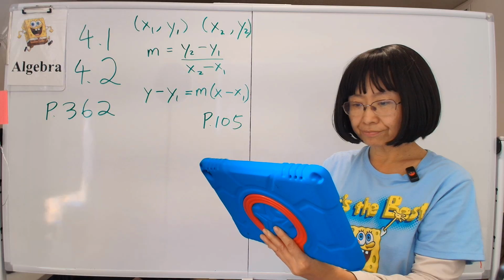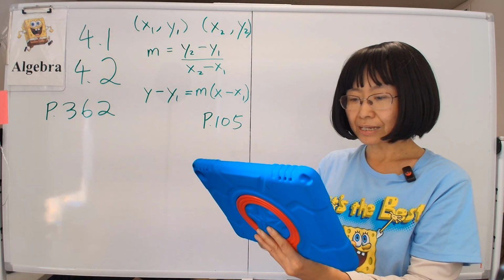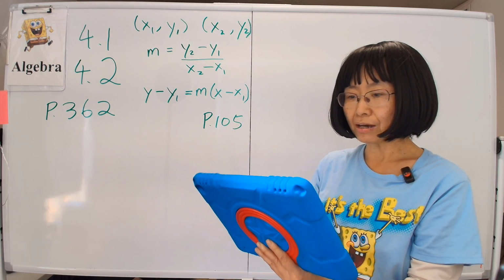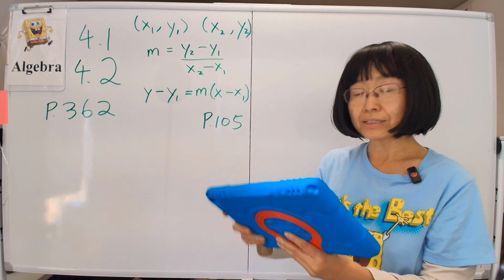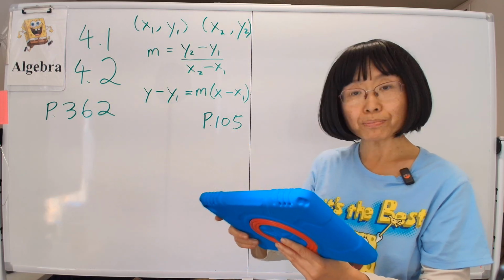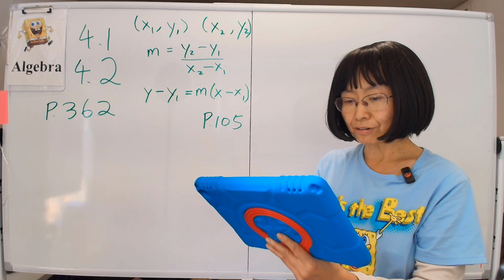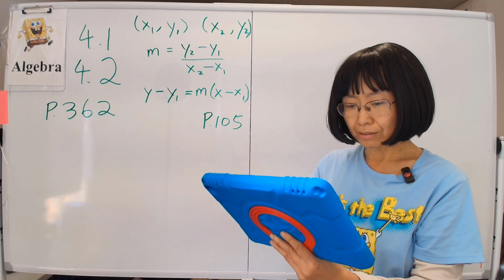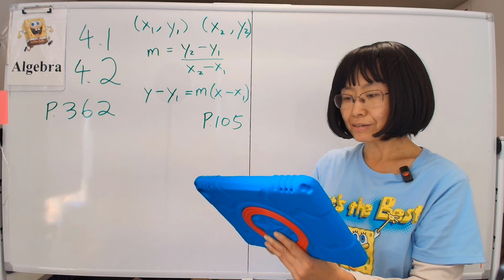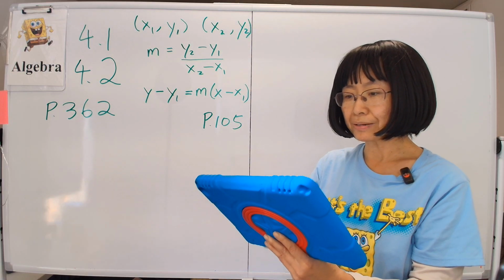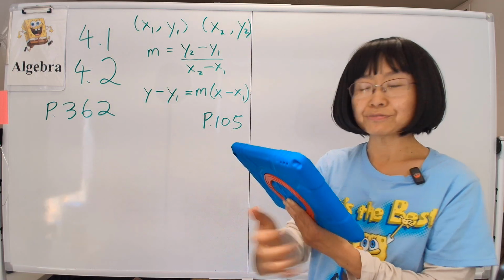And then the next thing we also learned is whether two graphs are perpendicular or parallel. Let's look at the following page. Flip a couple pages. Where does it say that? Well, anyway, the point is, I'm now on page 109.